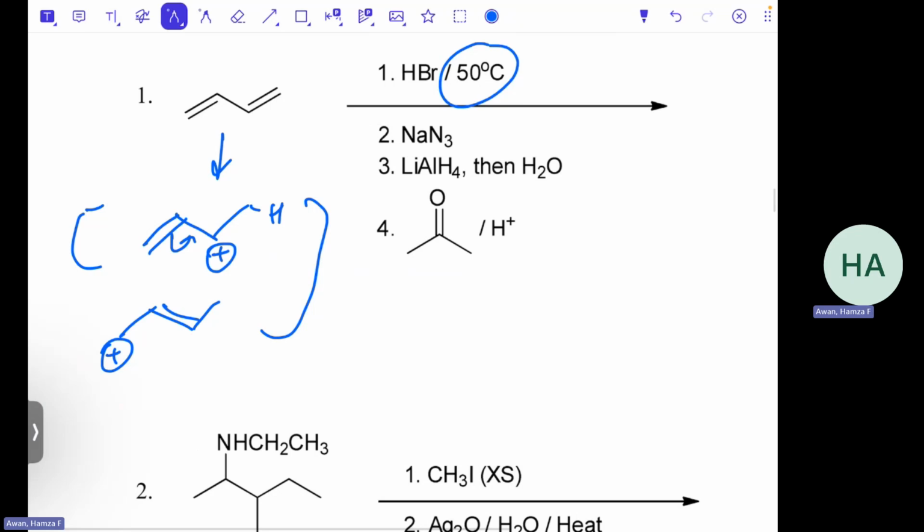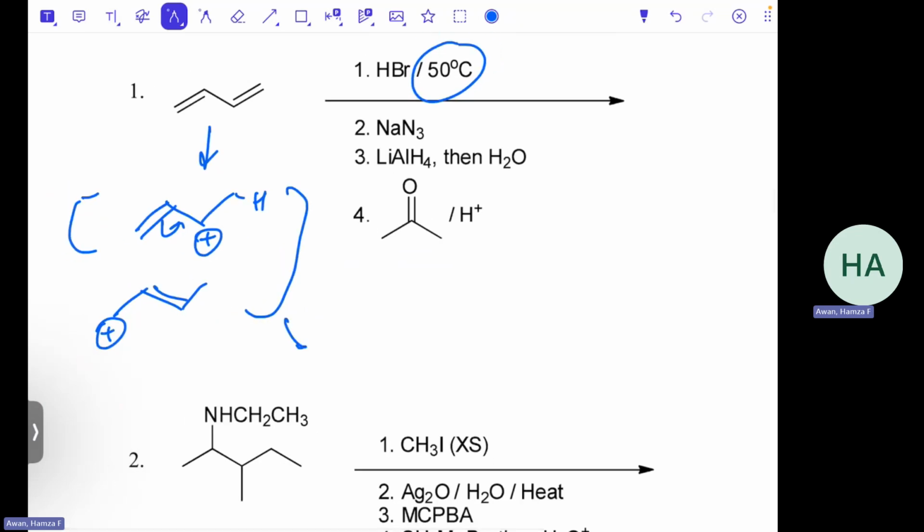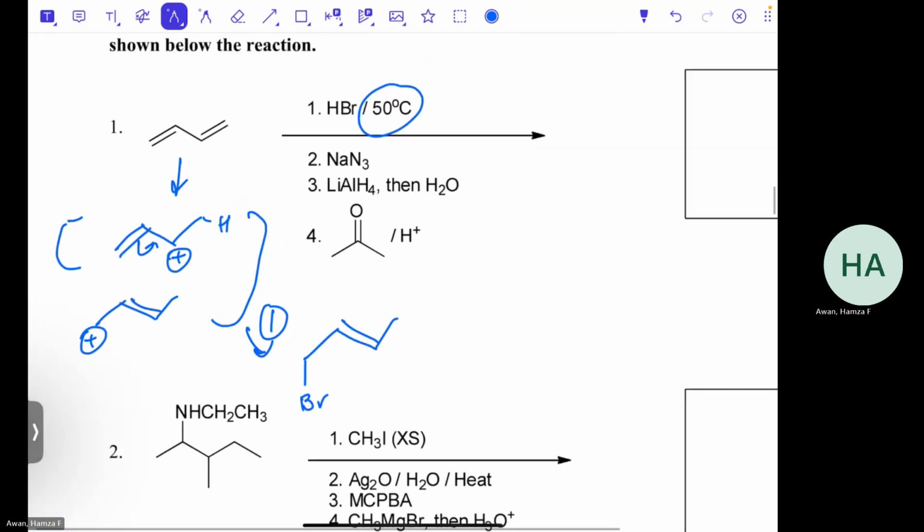So the plus charge is going to be where the bromine attaches for the first step. So the product of our first step is going to look like this. And for the exam, you don't have to put the transition state or the resonance structure at all. You just have to put the actual product of the reaction, but I wanted to go through it.